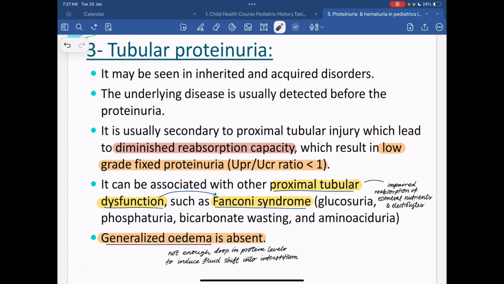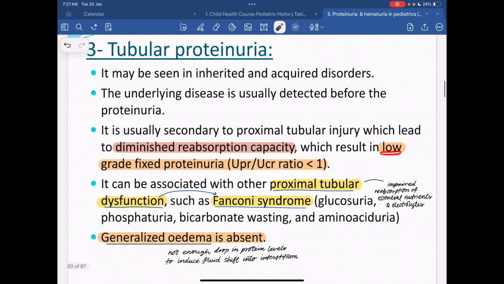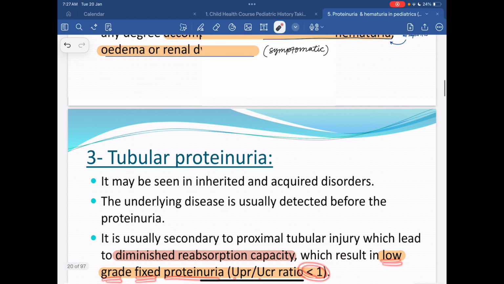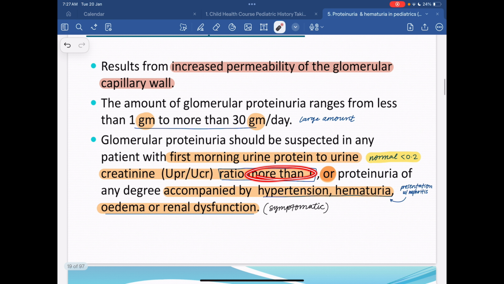So it's usually secondary to proximal tubular injury, which leads to diminished reabsorption capacity, which will result in low-grade fixed proteinuria. So our urine protein creatinine ratio is less than 1. Here we said it's more than 1.